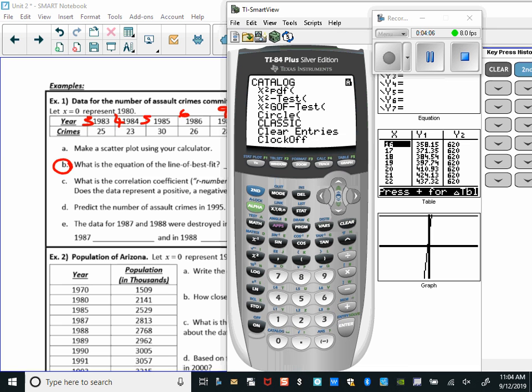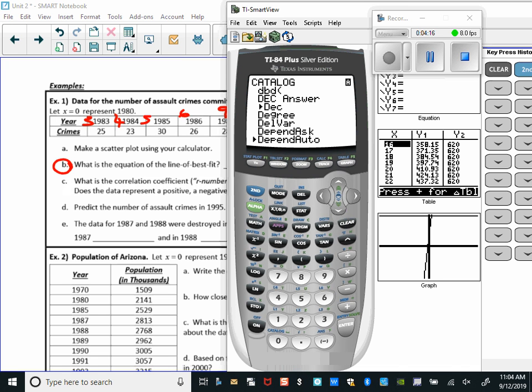Hit diagnostic on and then hit enter. It is in alphabetical order, so luckily it's towards the beginning of the alphabet, but just far enough to be annoying to scroll. So if you do it one time, then you're good for the rest. I hit diagnostics on, I hit enter, I should see done, yes, my diagnostics is on, so that's good.